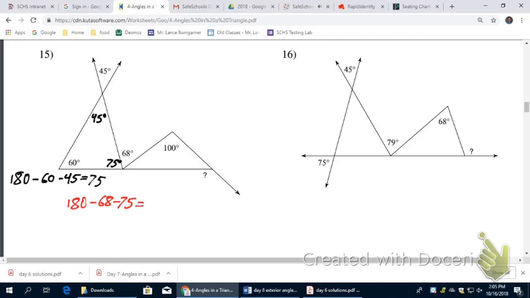And it ends up being 37 degrees for that interior angle. Now, how to wrap this problem up. You could find this angle, but if I'm looking for the exterior angle here, I'm going to apply the theorem I was just learning. This exterior angle will equal your two remote interior angles added together. 100 plus 37 is 137 for my final answer.